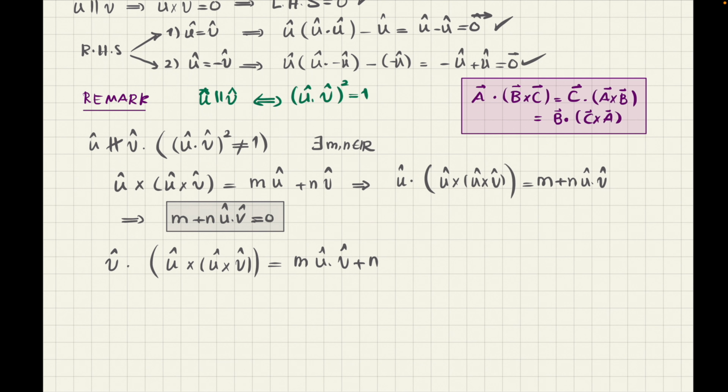So here I will give the role of A to this vector, the role of B to this vector, and the role of C to this vector, and then use the cyclic property. So what can I do?